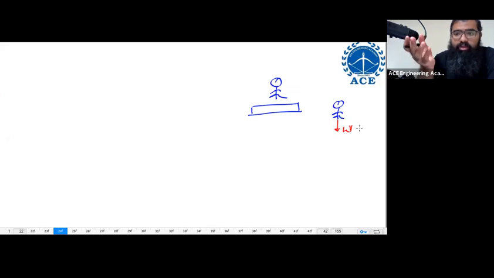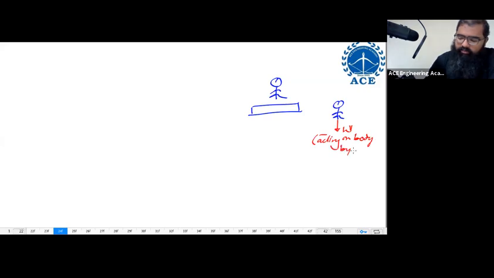People think W is a force which the body is creating. That is wrong. W is a force acting on the body, by Earth. Actually, it is Earth which is pulling you down with W.